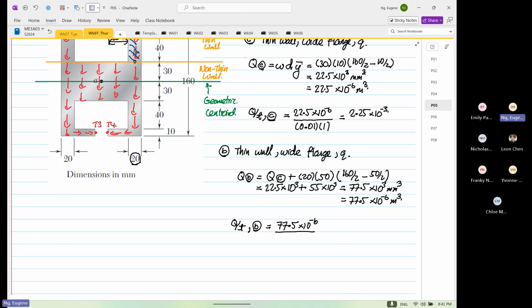The thickness now is 0.02, and this is 1 because we only have Q. So 77.5 times 10 to the power minus 6 divided by 0.02 divided by 1 is 3.875 times 10 to the power 3.